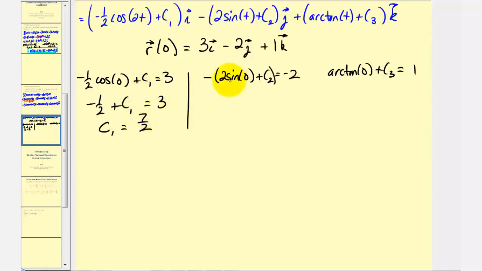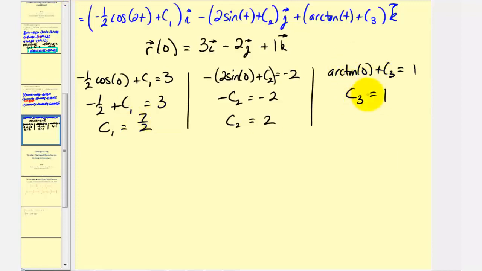You need to be a little careful here. Sine 0 is 0. Because of this negative sign here, it's going to be negative c sub 2 equals negative 2. So c sub 2 equals positive 2. And then finally over here on the right, arctangent 0 is 0, so we have c sub 3 equals 1.